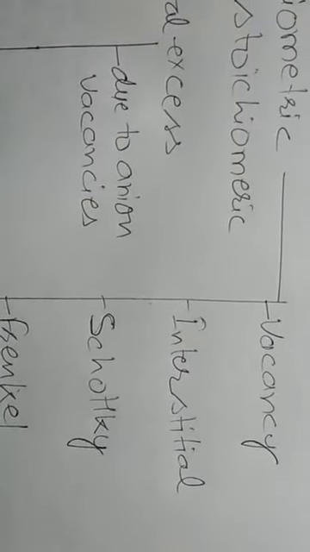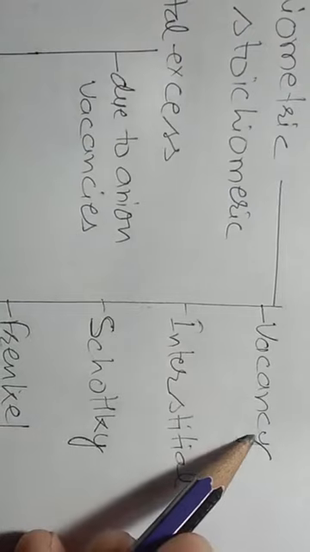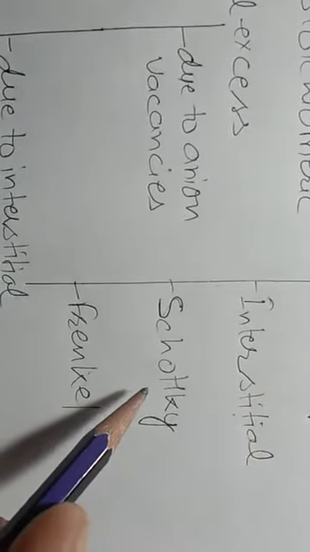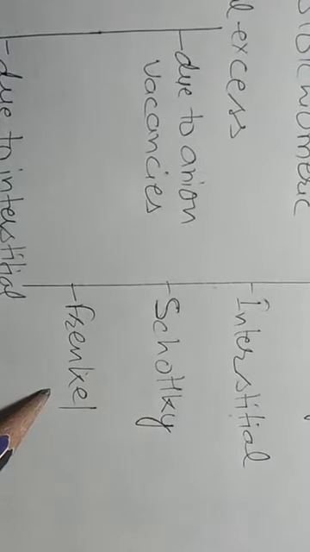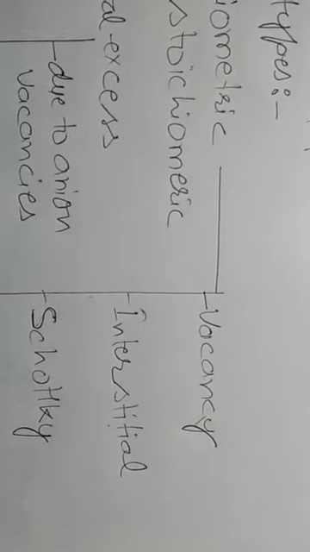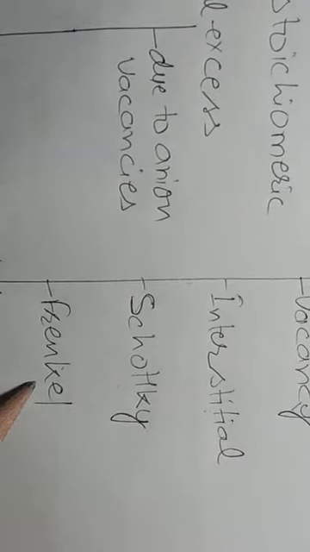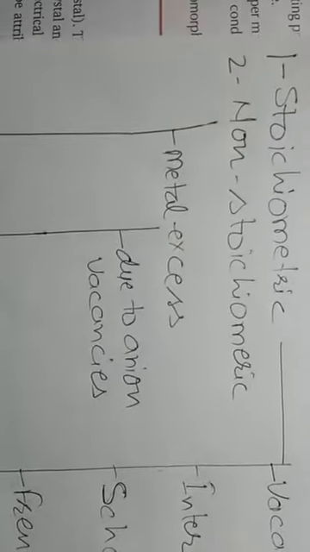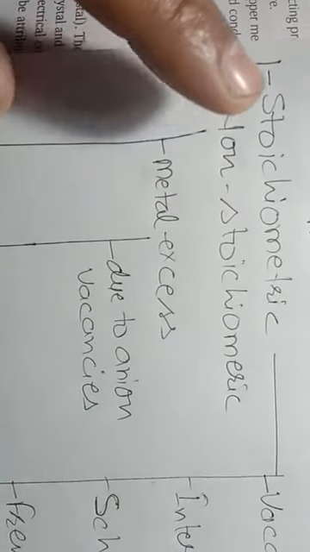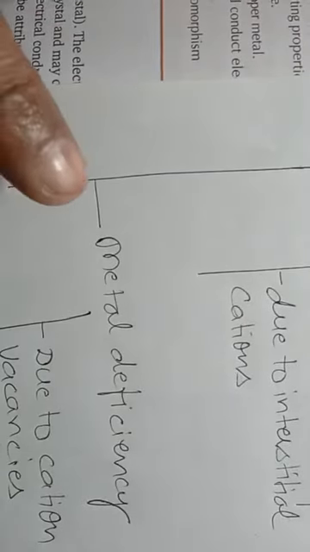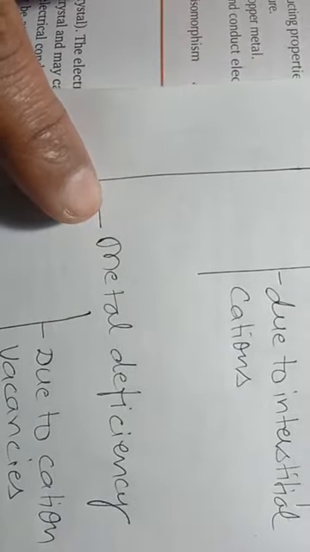Now stoichiometric point defects are of these four types: vacancy, interstitial, Schottky, and Frenkel. And non-stoichiometric point defects are of two types: metal excess defects and metal deficiency defects.